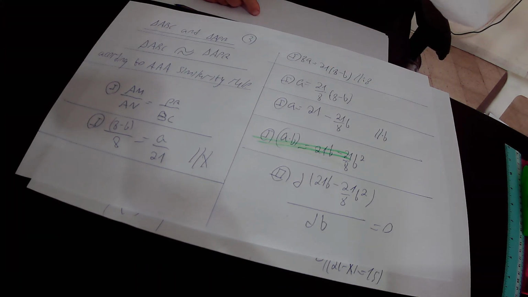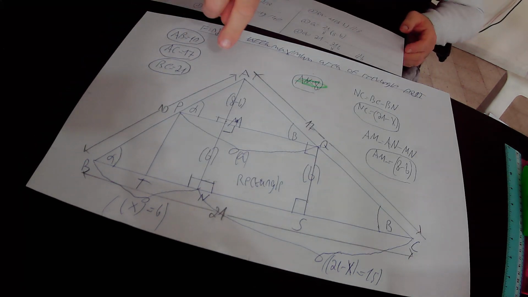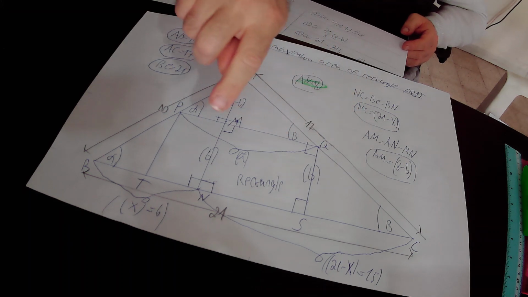So the area of rectangle PQST, A times B, equals 21B minus 21 over 8 times B squared.